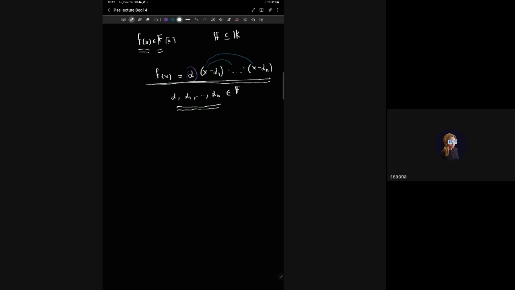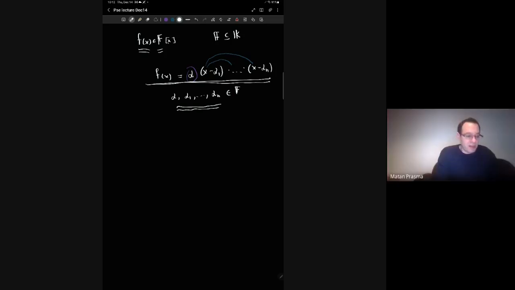Thank you. And so you should really think of it as the reason that polynomials don't always split over a field is that you don't always have a root. I mean, like x squared plus 1 over the real numbers does not have a root. Right?